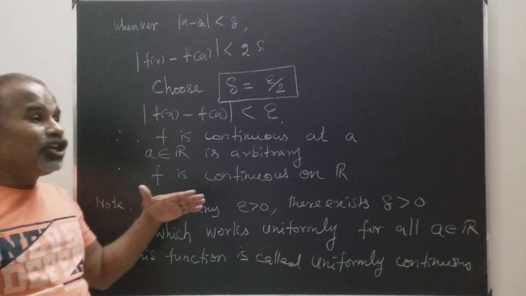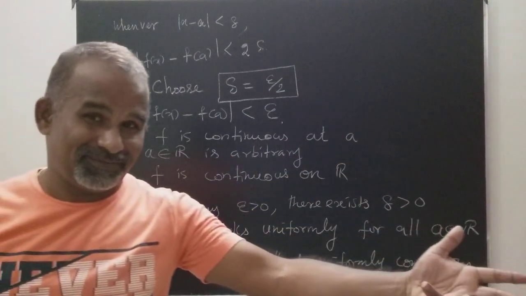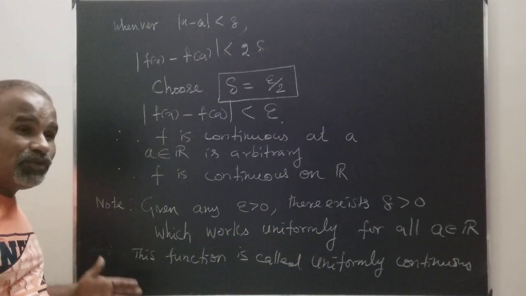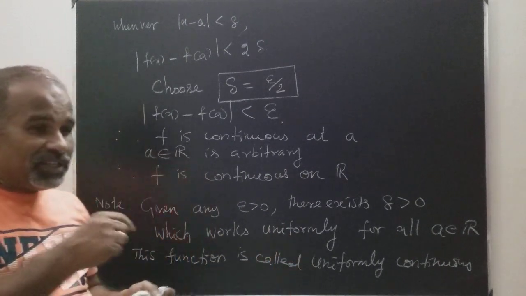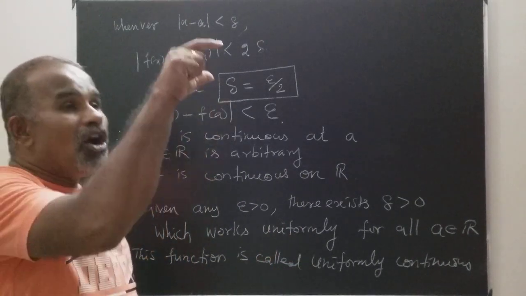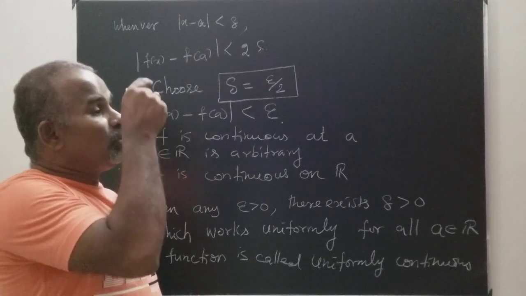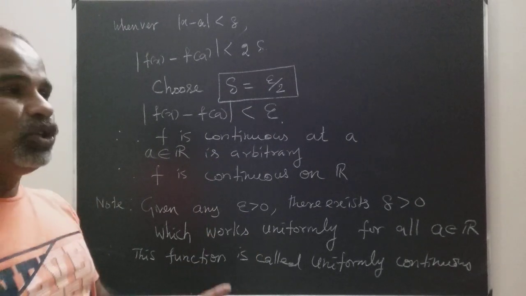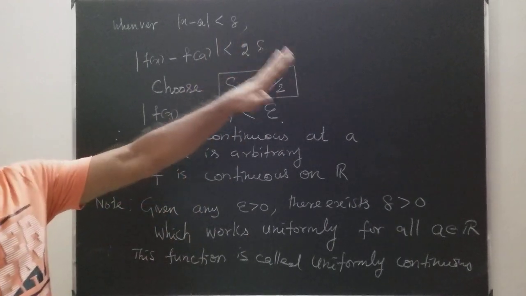But saying uniformly continuous at a point is meaningless, because uniformly continuous means this function is continuous uniformly at all points. So whenever we say uniformly continuous, we have to say it on a set. Suppose we say uniformly continuous at a, it is meaningless. You don't say that. Whenever you use uniformly continuous, you have to use it on a set only.